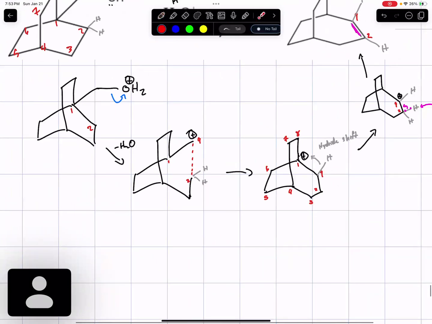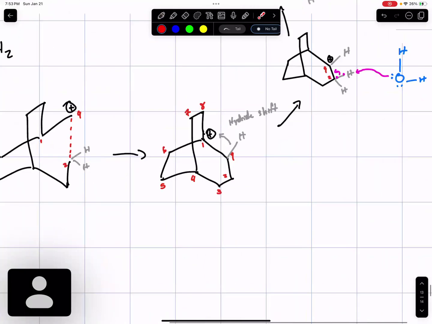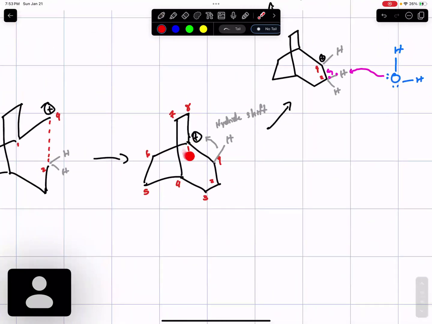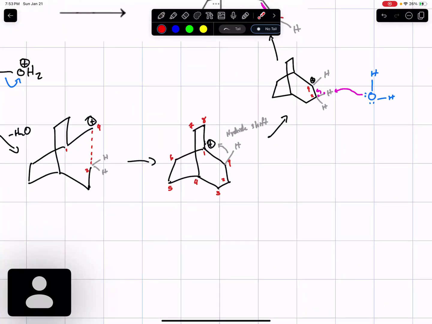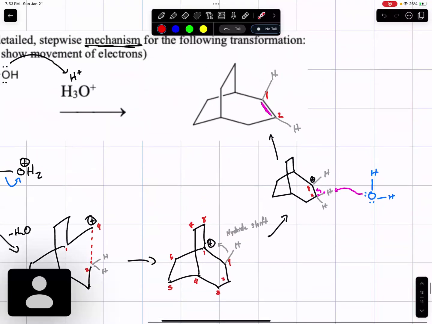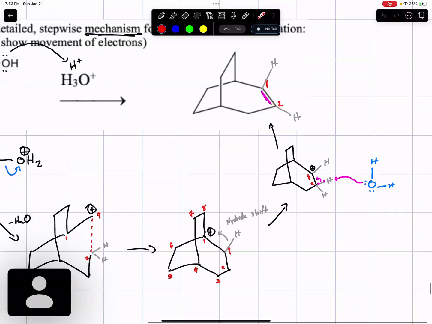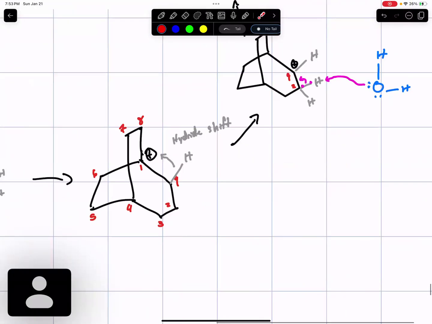That bond between 1 and 2 was broken and it was reformed between 2 and 9. Since it was reformed between 2 and 9, carbon number 1 no longer had 3 groups. That formed a positive charge at carbon number 1. But the alkene is between carbon number 9 and carbon number 2. So what we did was a simple hydride shift with one of the hydrogens from carbon number 9 to carbon number 1.